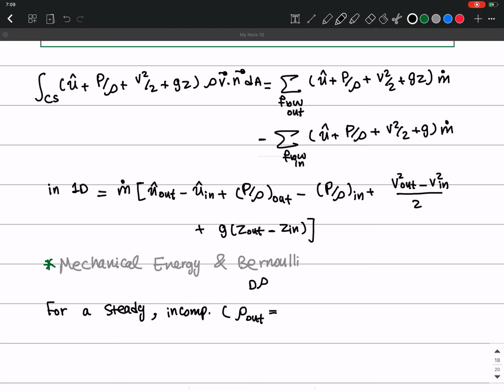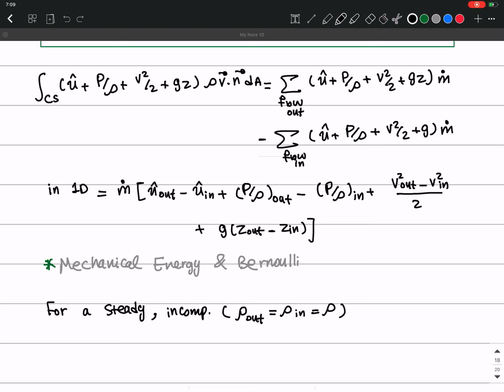The real one is d rho over dt is 0, or the divergence of u is 0, which is a more general definition.